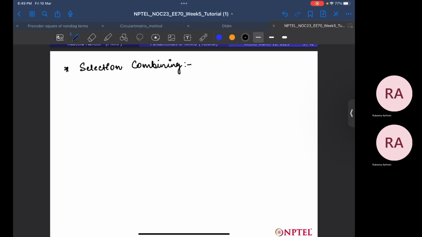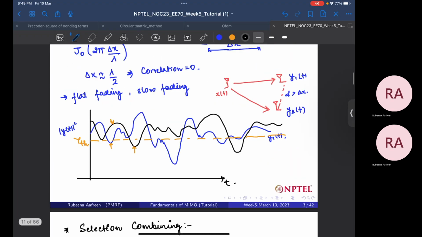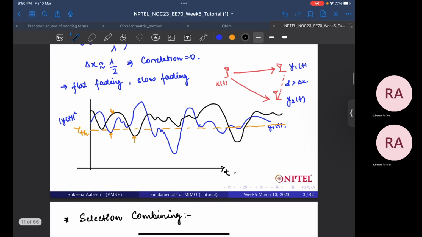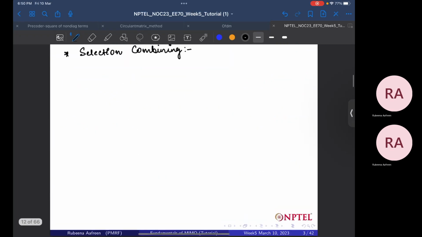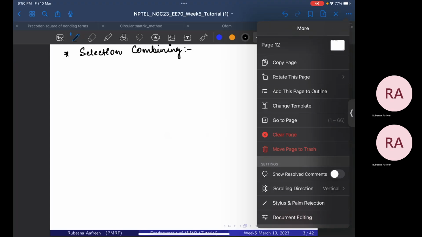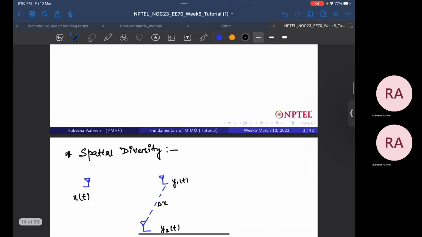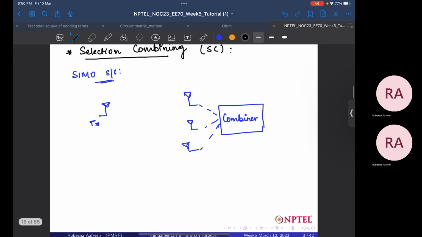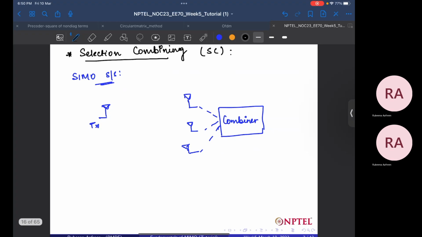Now you see, we had two signals, so we had the variation of signal power at the receiver. We will start our discussion from here. Here I have made the diagram. For selection combining, you see there is a single antenna at the transmitter, and there are multiple antennas at the receiver. After getting the signals, there will be some combiner.